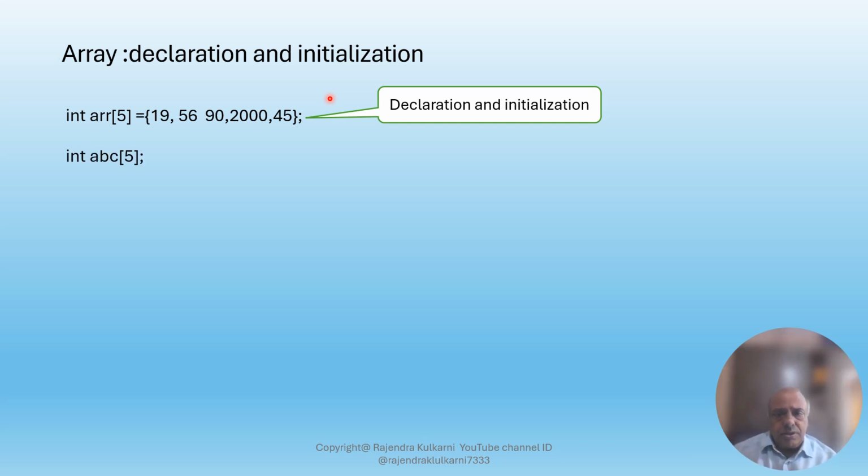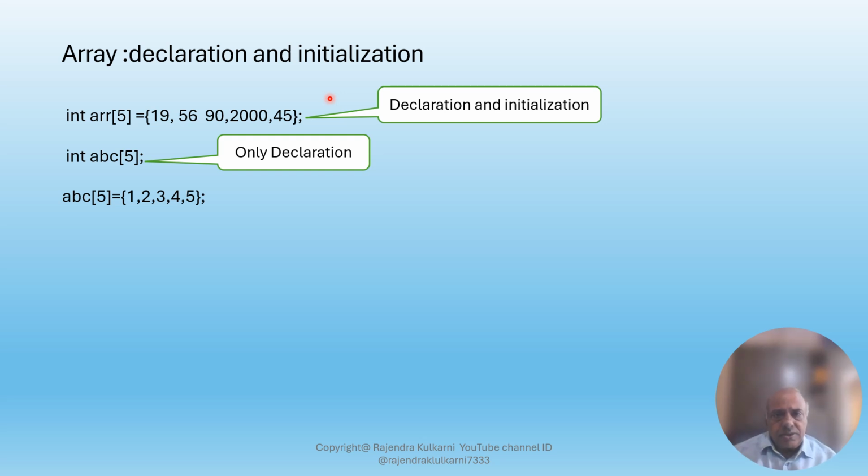int abc[5], subscript 5. So it is an int array named abc which will be holding a maximum of 5 int constants, and this is the declaration of the array. We have not initialized it here, we have only declared the array.